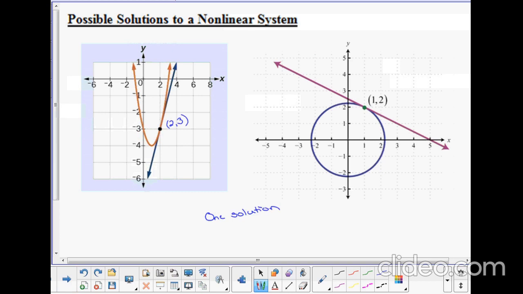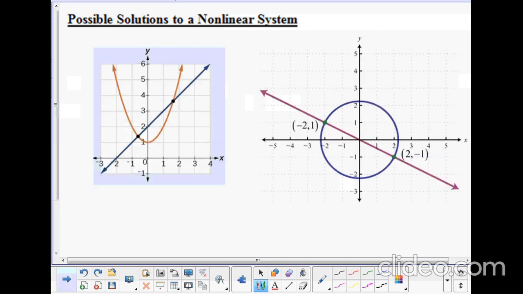Now we can expand on that. With lines, you either had no solution, one solution, or all numbers would end up being solutions. With nonlinear systems, we're going to find that there are more scenarios. Again, we're looking for solutions to be intersections of the graph.